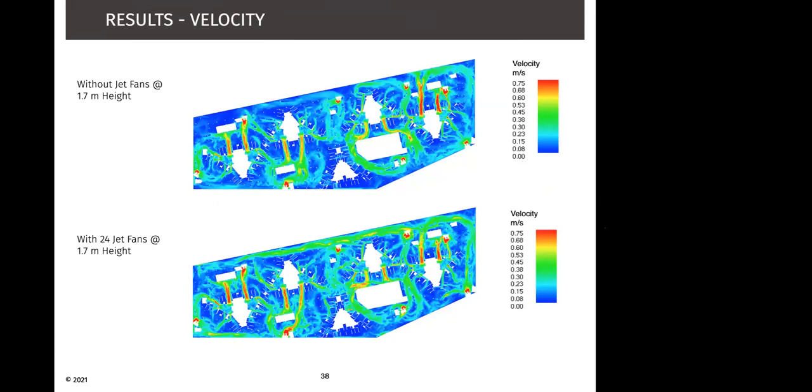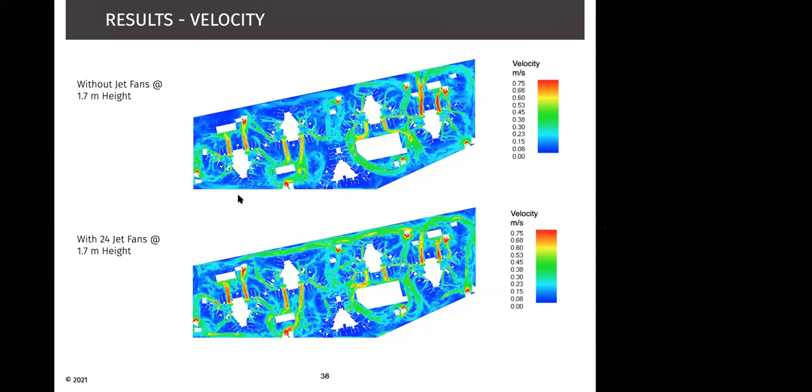Now, the motive of this study is to understand the natural airflow path. That's the first thing that we want to do. The second is if there is any kind of stagnation happening around the system, then we want to reduce that by putting jet fans and having flow forced through that stagnation zone and reducing the same.